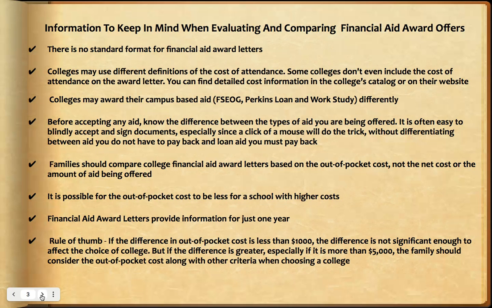Kind of crazy making. Before accepting any of the aid, you need to know the differences between the types of aid being offered. It's really easy, especially in this electronic age, to blindly click buttons. Any loans that you are offered as a student, sometimes they are in the main body of the financial aid offer with the grants and that kind of thing.